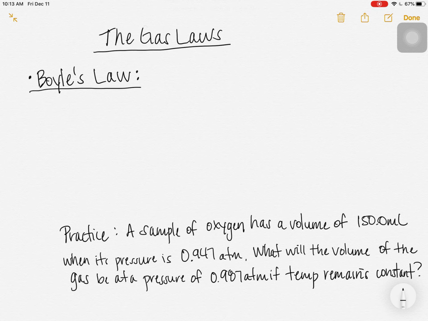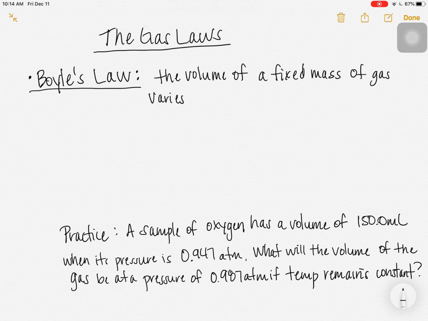these laws were discovered by people, so I guess it makes sense. The first one is called Boyle's law, and Boyle's law says this: the volume of a fixed mass of gas varies inversely with pressure at a constant temperature.